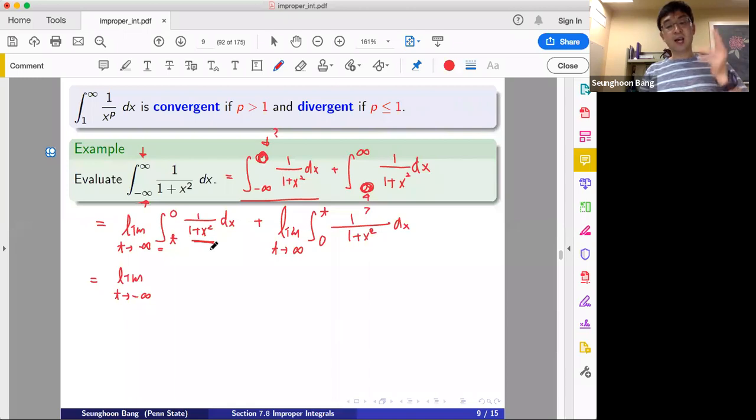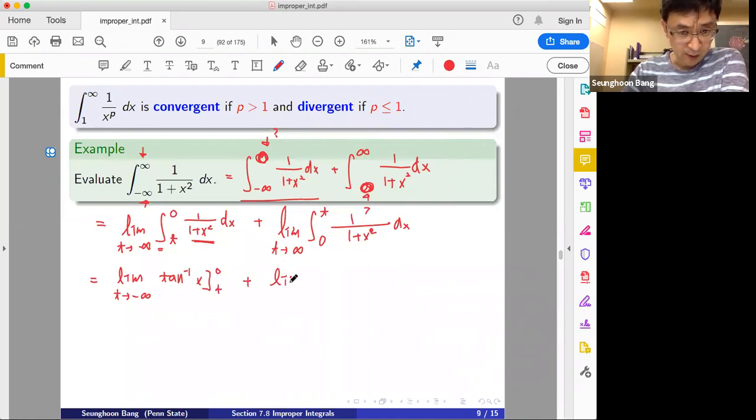In this case, a is 1, so we have only arctangent, inverse tangent. Limit as t approaches minus infinity of inverse tangent of x from t to 0, plus limit as t approaches positive infinity, same thing, inverse tangent of x from 0 to t.